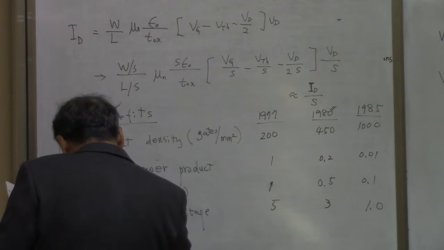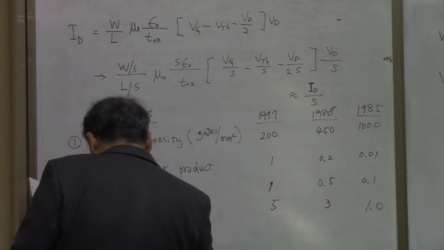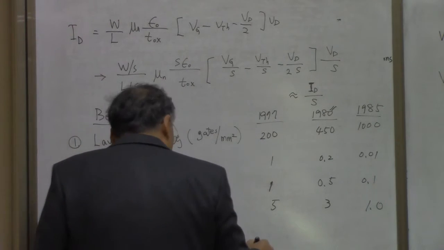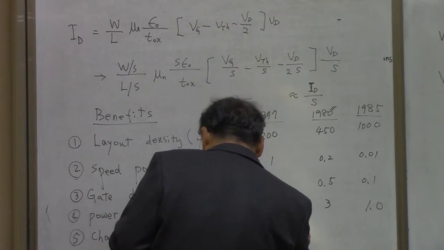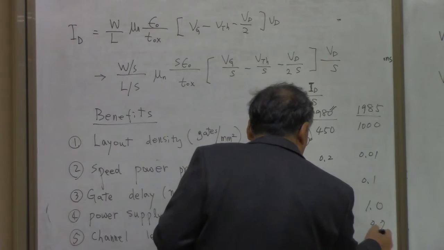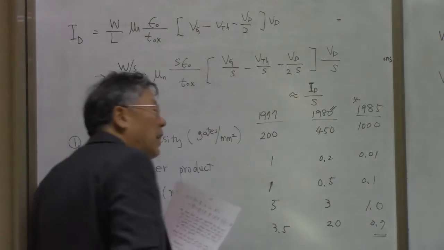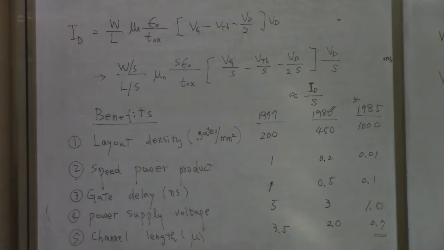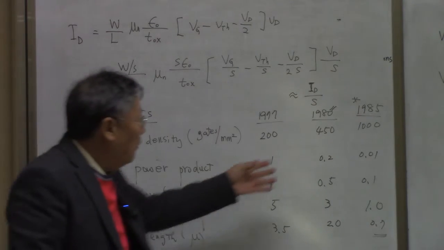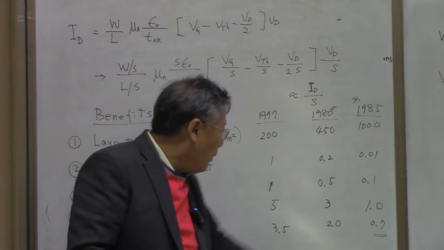Channel length, in microns, 3.5, 2.0, and 0.7. I think this is for 1985; it's just a prediction that was made around 1980.